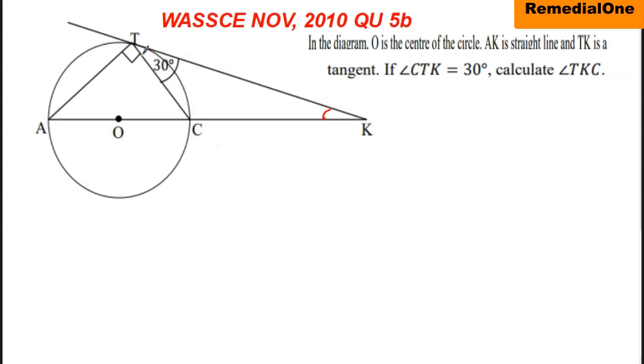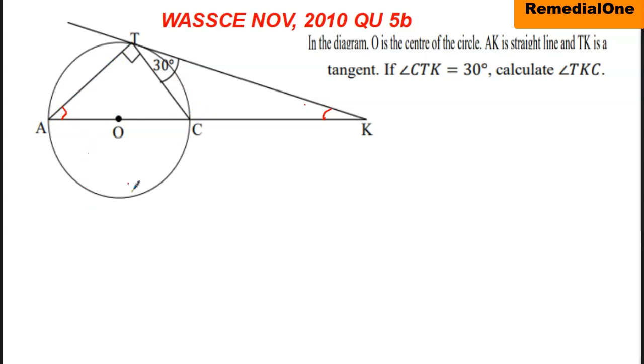The theorem says that the angle between a tangent and a segment is the same as the angle formed when you extend the ends of that segment. I just want to repeat: the angle between a tangent and a segment is the same as the angle formed when you extend the ends of the segment.